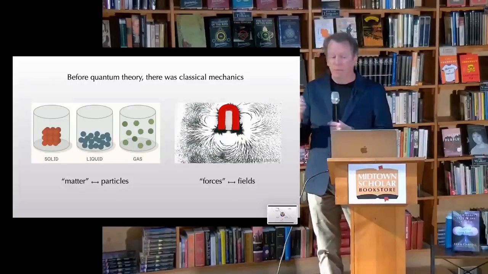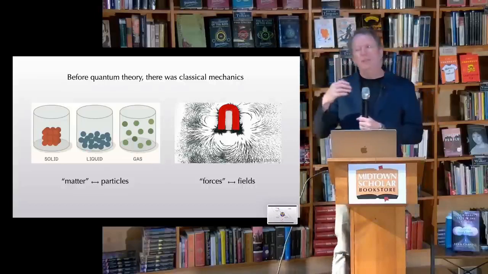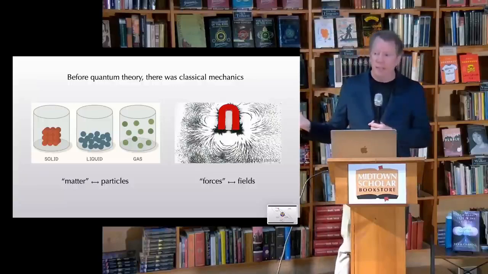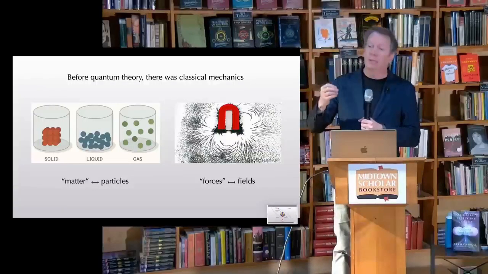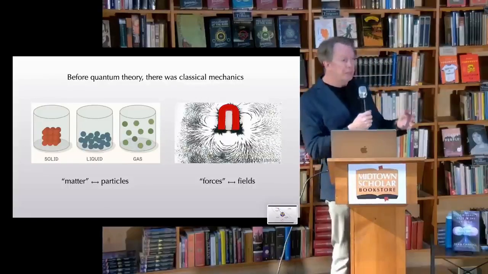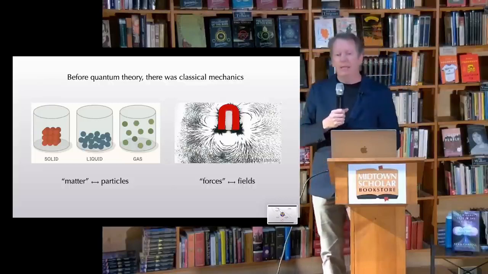Isaac Newton had the idea of gravity back in the 1600s, but he didn't talk about it in terms of fields. Pierre-Simon Laplace later showed that you could actually think of Newtonian gravity in terms of a gravitational potential field. And also by the end of the 1800s, we had the idea of particles.